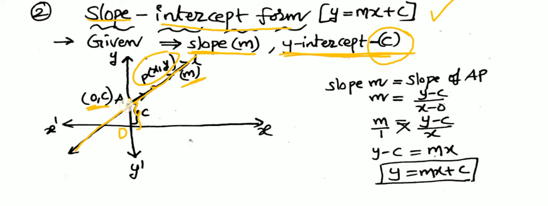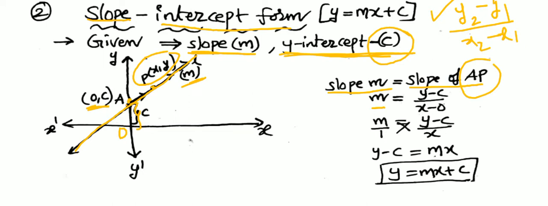So A and P are lying on the same line, so the slope of the line is nothing but the slope of AP. So m is equal to the slope of AP. We have to use the formula (y2 - y1)/(x2 - x1) to find the slope. So y2 is y, y1 is c: (y - c)/(x - 0).